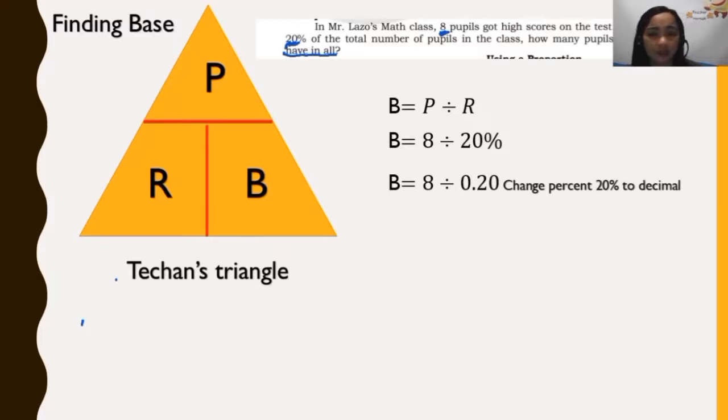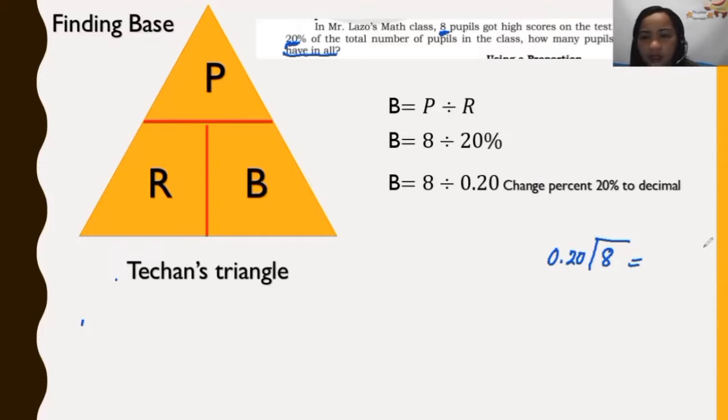So let's see how to get the answer. So we have 8 divided by 0.20. You can also use 0.2. It is the same, 8 divided by 0.2, to make it easier. Let me fix my writing, it's messy.